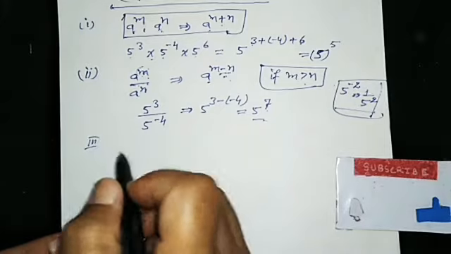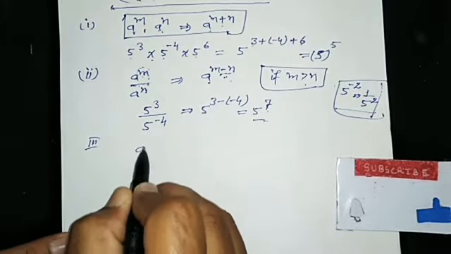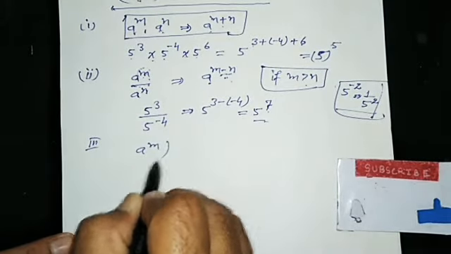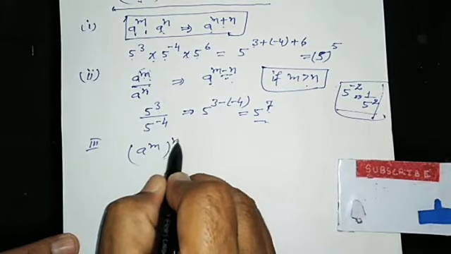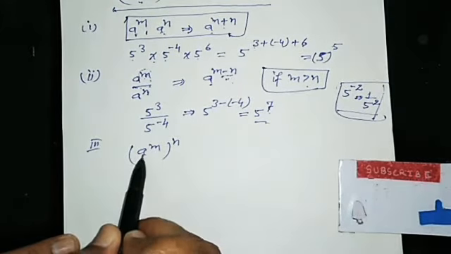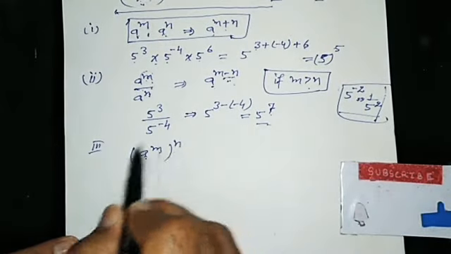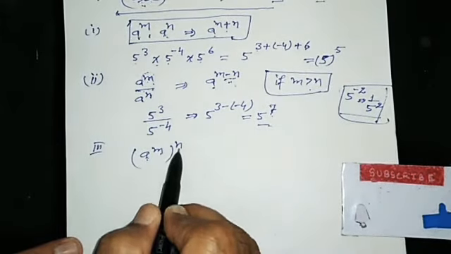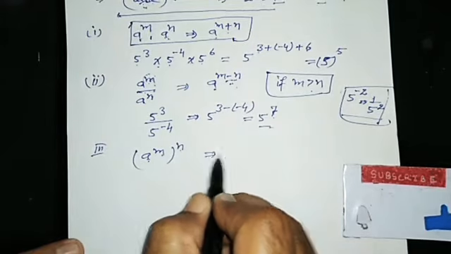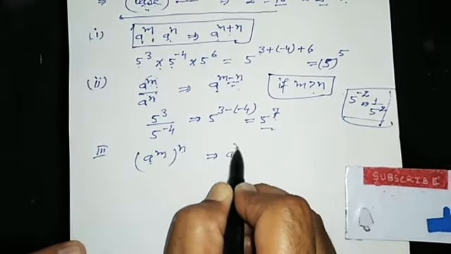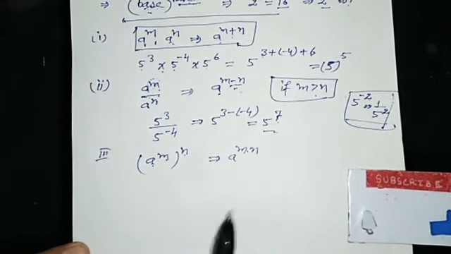The third one is when the base is a and has power m, and again the power of the whole expression is n. Then these powers will multiply with each other.